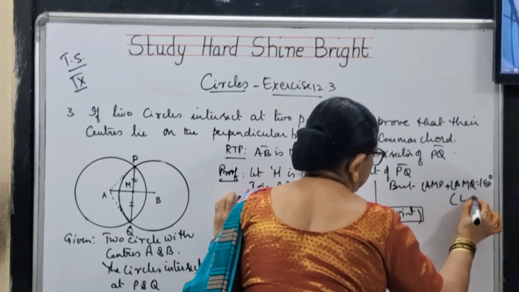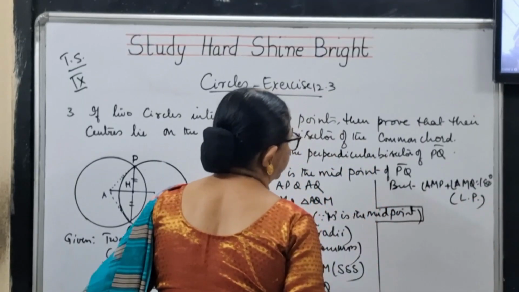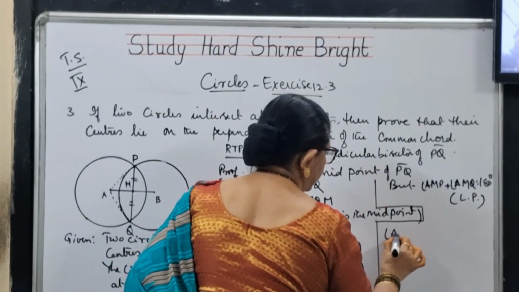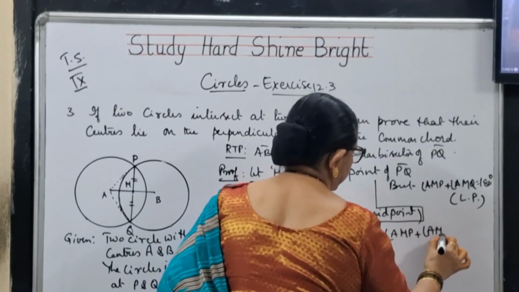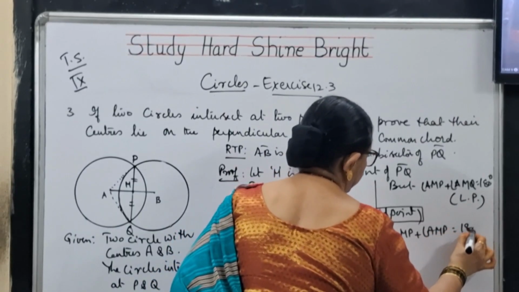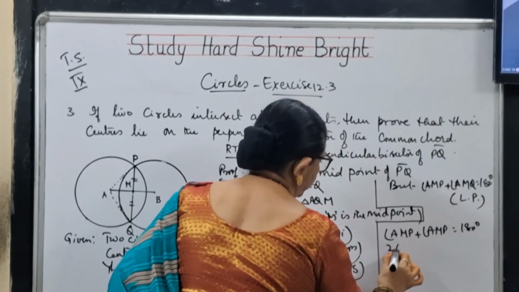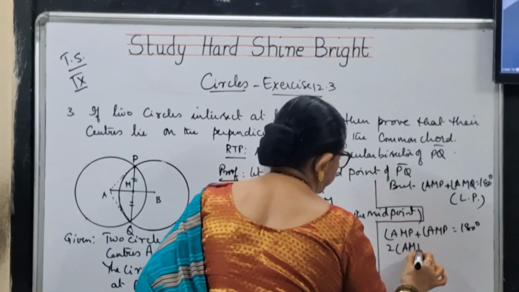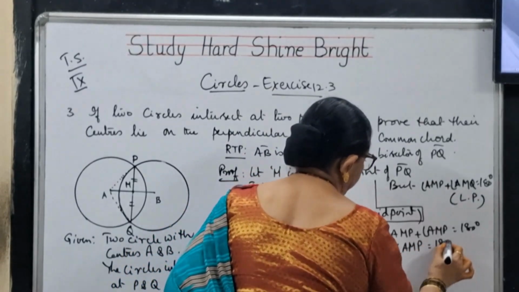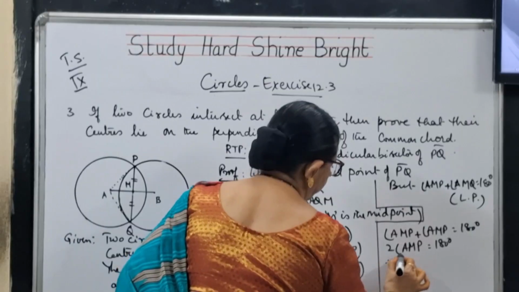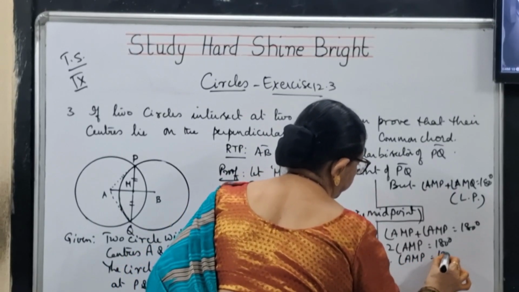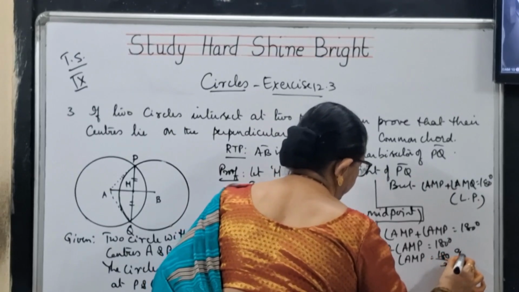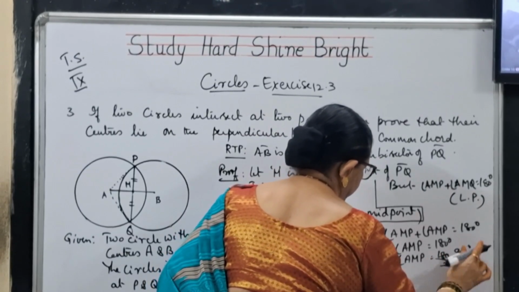Why? They are a linear pair. So angle AMP plus angle AMP is equal to 180 degrees. 2 times angle AMP is equal to 180 degrees. Therefore, angle AMP is equal to 180 by 2, that is 90 degrees.